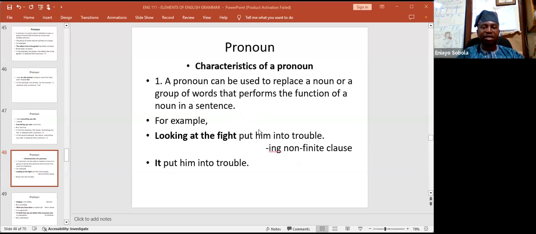Looking at the fight put him into trouble. Looking at the fight is an ing non-finite clause. And we can say that it represents that ing non-finite clause. It put him into trouble. Looking at the fight is replaced with the pronoun it.